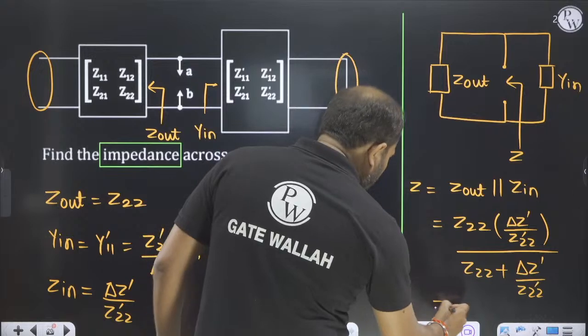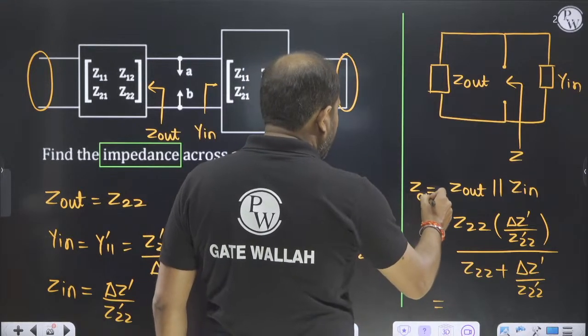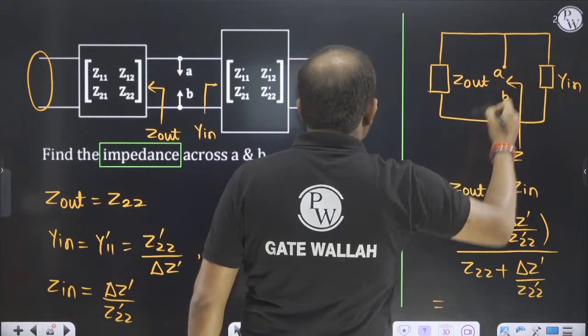So Z will be equal to ZAB. I will write down across AB.